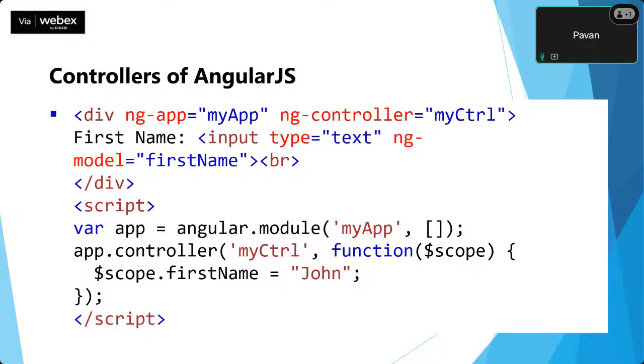So as we are controlling the data John, we need the controller named myCTRL. So here we can say that myCTRL is controlling the data called John. Okay, I hope you get it. Let's move on to the next part.